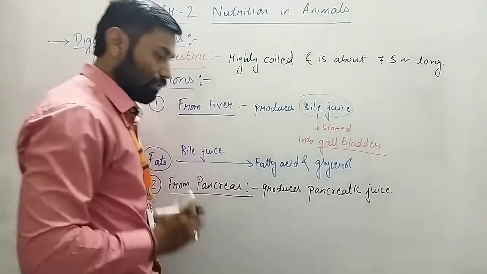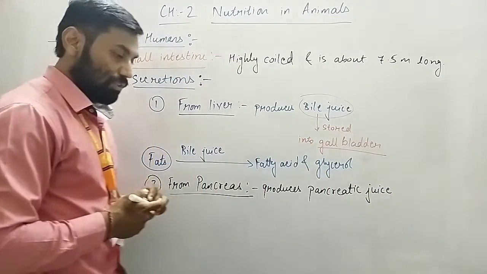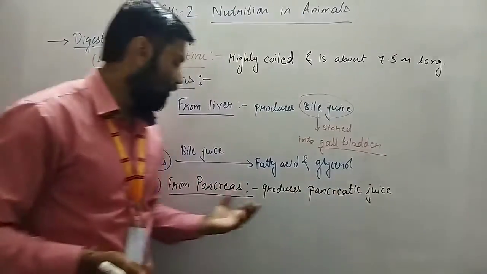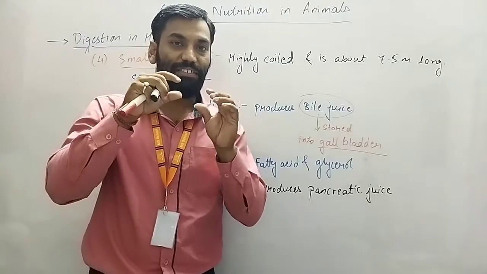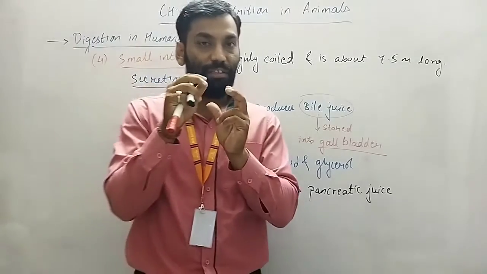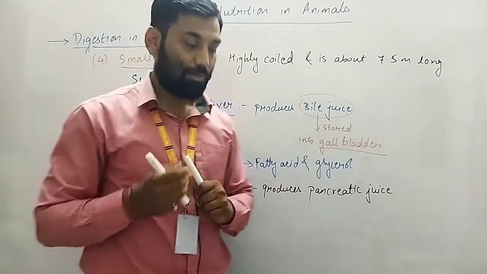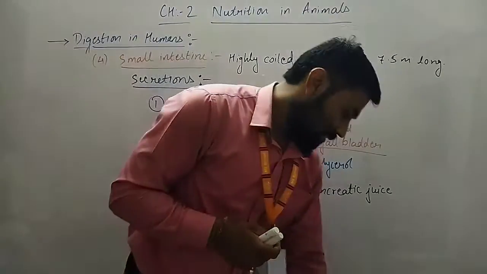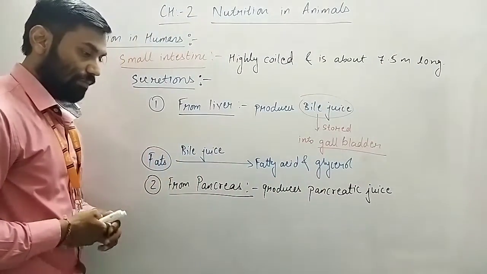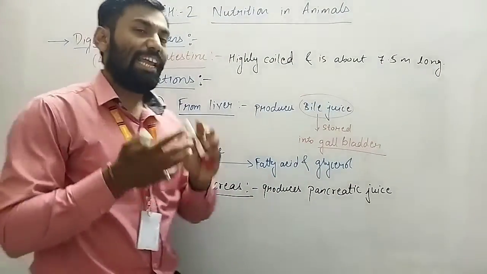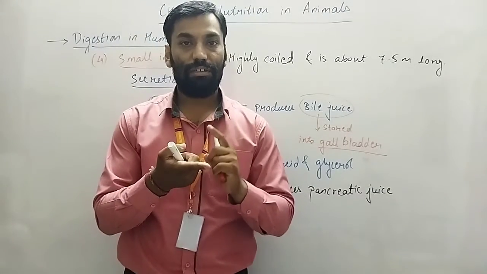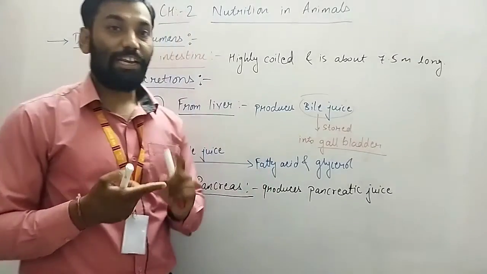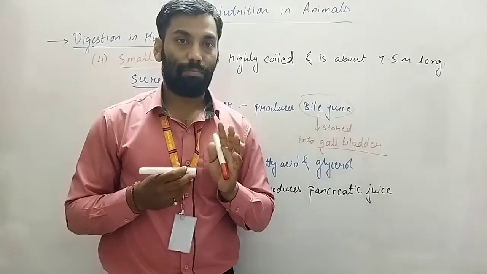What does the pancreatic juice do? First of all, we will talk about the pancreas. Pancreas is a leaf-like structure that is located just below the stomach, right? It acts on all three nutrients, that is fats, proteins and carbohydrates, and converts them into the simplest form.